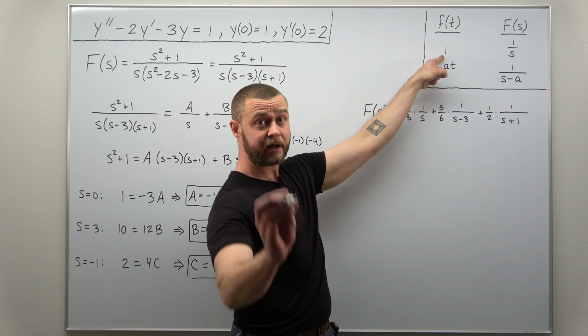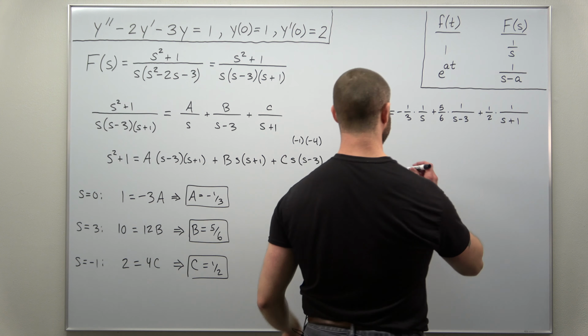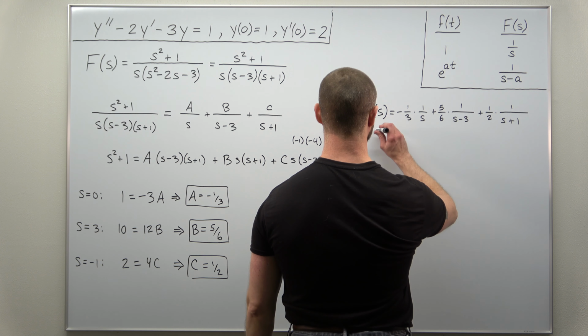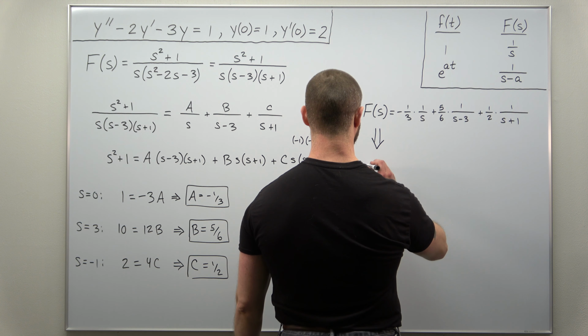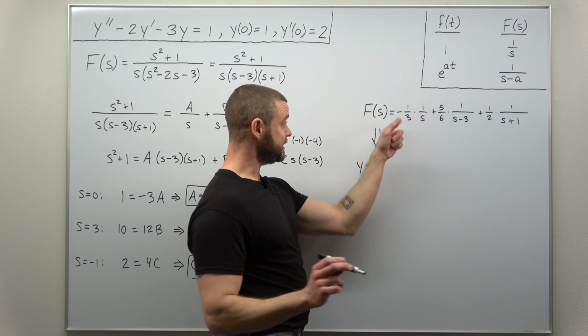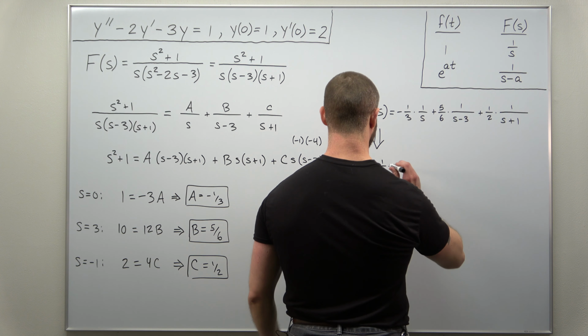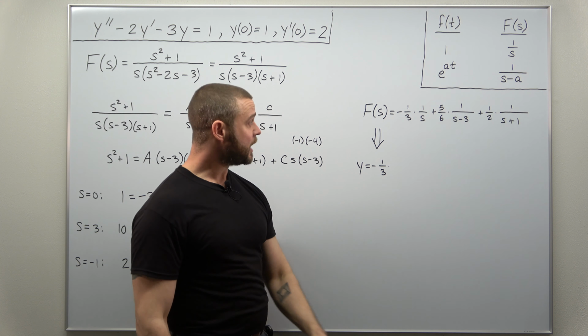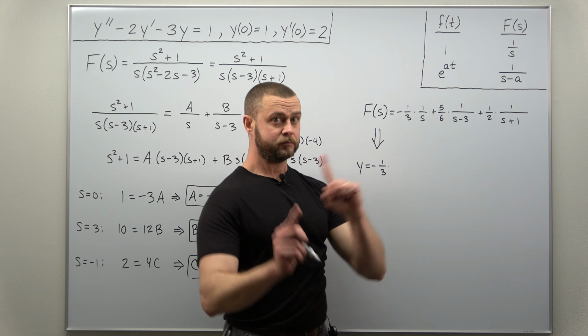That's going to match back to the time domain as 1. So if you do your inverse transformation, we're going to have our constant -1/3, and then that multiplies the inverse transformation of 1/s, which is 1.